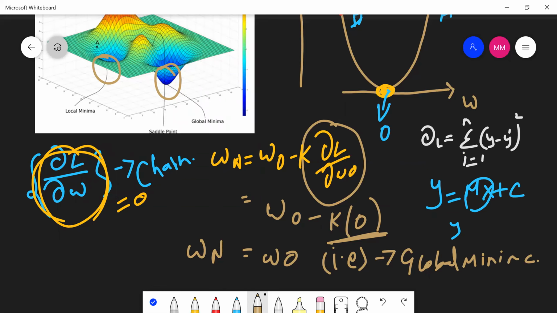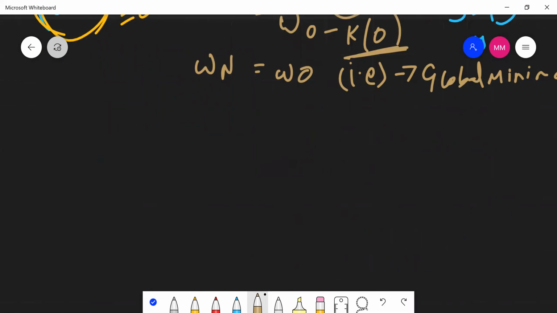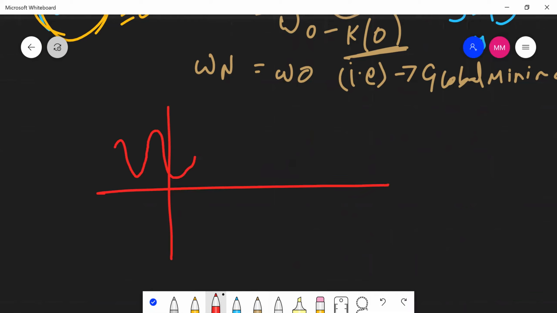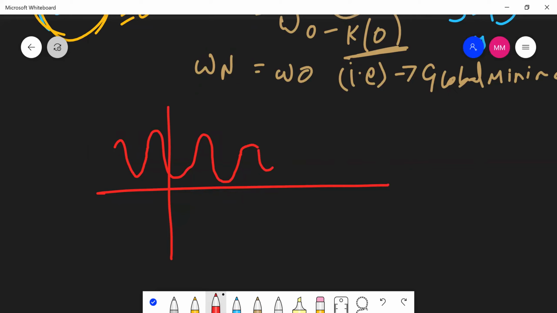Now we'll see what is global maxima. Let me create one more graph. We will consider this as the x-axis and this as the y-axis.